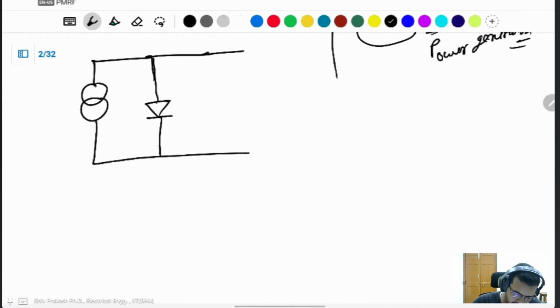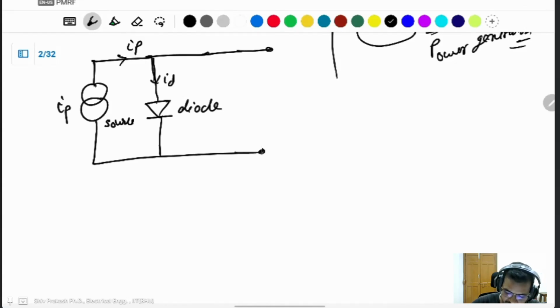You can see here a constant current source. This will depend on the insulation of light. This will be the diode, with some diode current ID. This will be IPV, the terminal voltage of the PV panel.